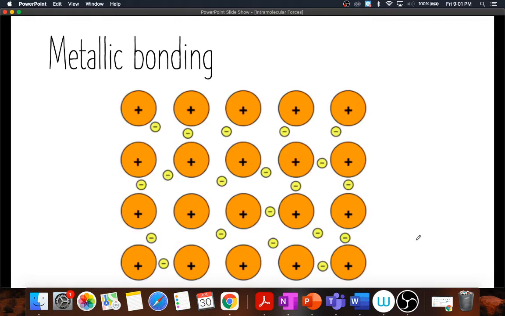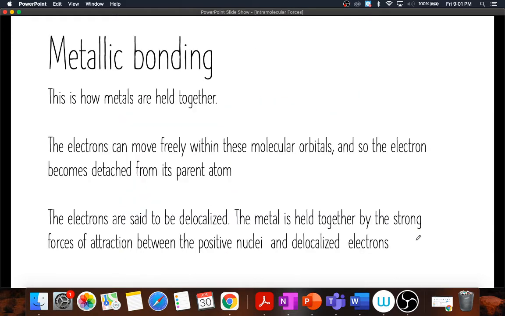I'm going to go with that gold example, a bunch of different gold atoms all stacked up right next to each other. And they're so close that the electrons of that one gold atom, and all of those gold atoms, are able to move freely between the molecular orbitals, right? So those electrons are able to detach from their parent atom.